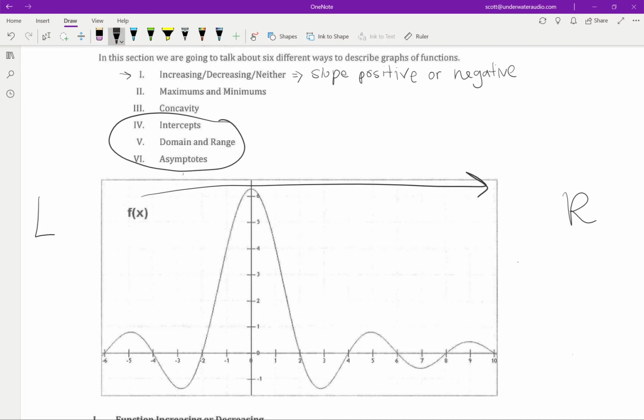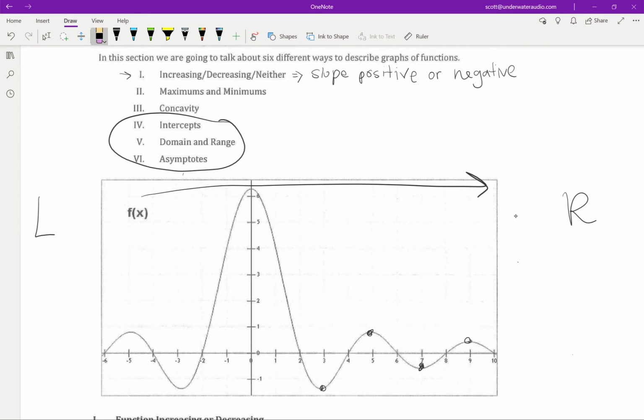Maximums and minimums: when I think of maximums and minimums, I think of those as like the peaks on a mountain range. So I'm putting dots on the peaks, and the valleys in that same little range, the lowest points in an area. And then concavity: when I think of concavity, I kind of imagine cups.